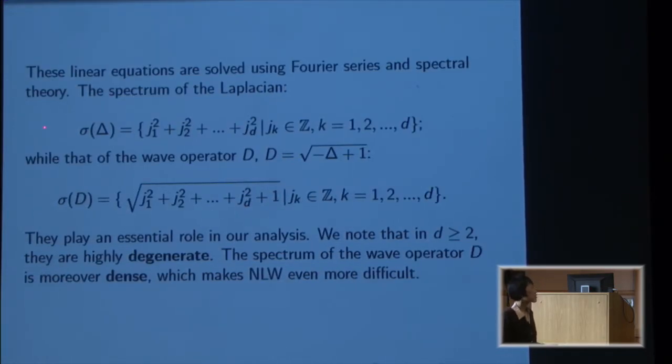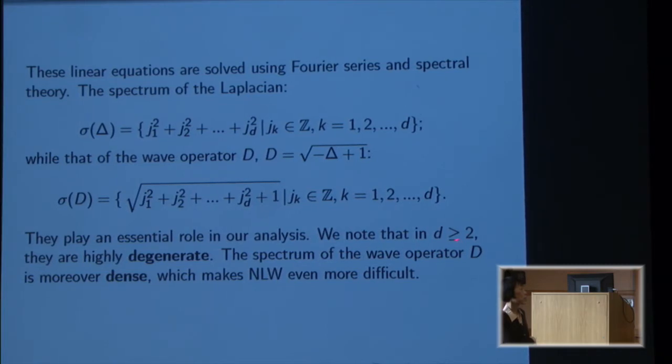Now, these linear equations are solved using Fourier series and spectral theory. The spectrum of the Laplacian is this, where these are integers, so it's a sum of squares of integers, while that of the wave operator is this, which is just taking the square root. They play an essential role in our analysis, again because we perturb from a linear problem.